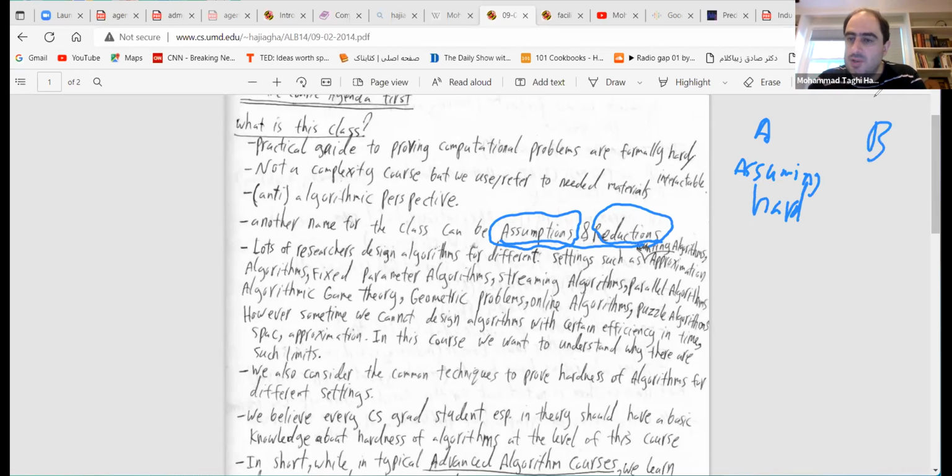Then we have this problem, which is your own problem, B. What do we show here? I will show that if this problem A is hard, then my problem B is hard as well.